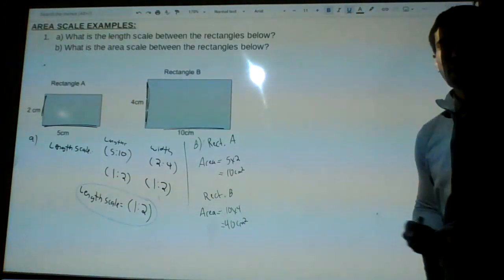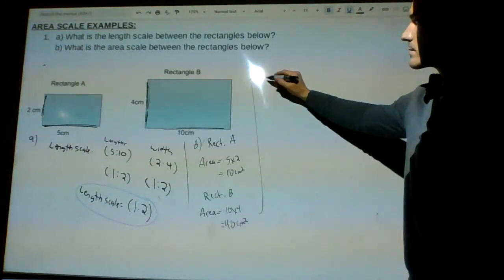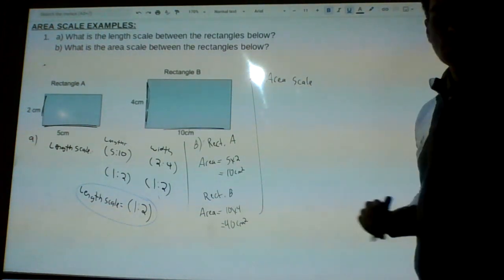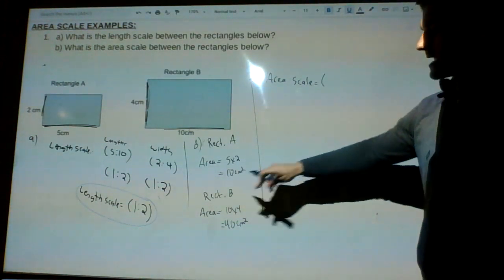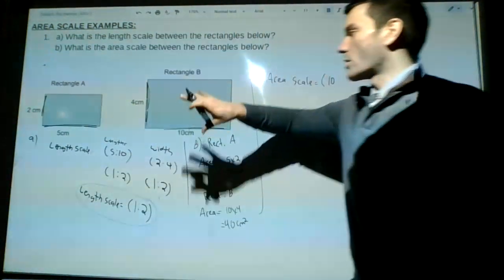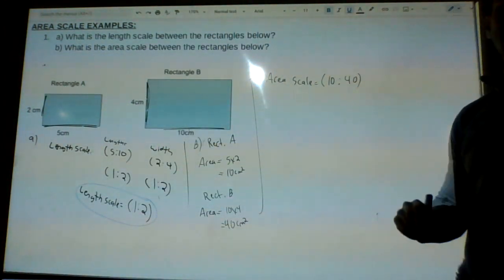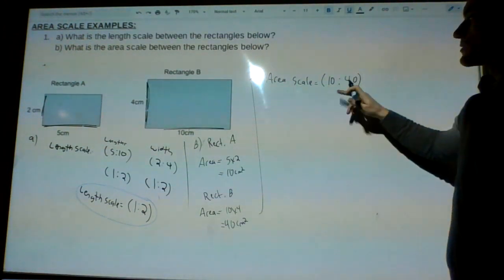So now when I compare the area, I say to myself, okay, area scale. And area scale, well, it's 10 centimeters squared in the first diagram, results with 40 centimeters squared in the second diagram. And now I can reduce this, divide both these by 10.